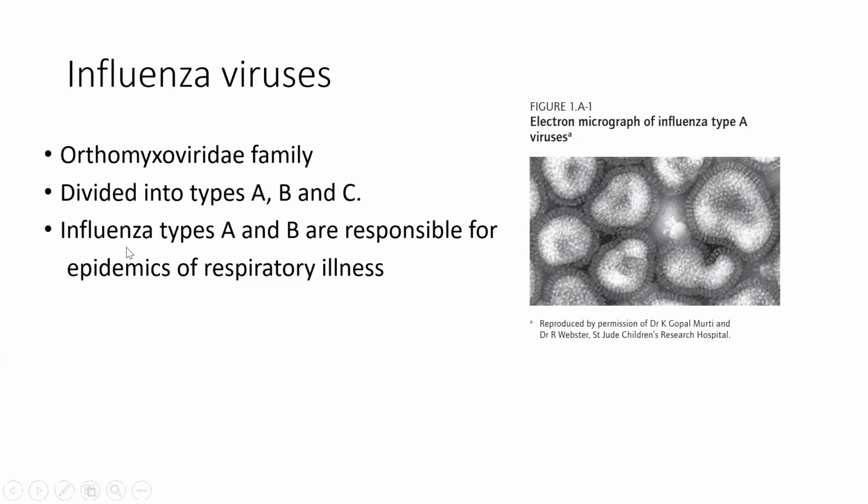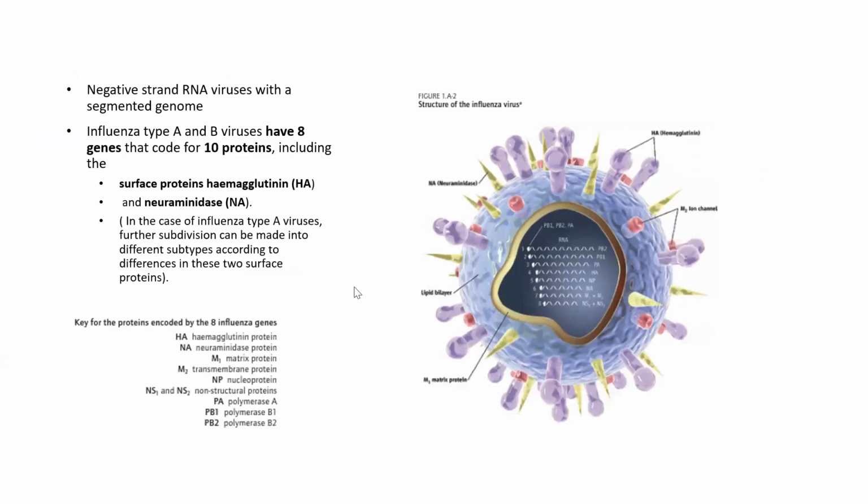This virus has certain characteristics, and one of them is that it is a negative-stranded RNA virus with a segmented genome. Segmented genome means it has 8 genes, which code for 10 different proteins. These genes are important for us because the primers and probes for molecular detection will be designed for these genes. These are the surface proteins, hemagglutinin and neuraminidase.